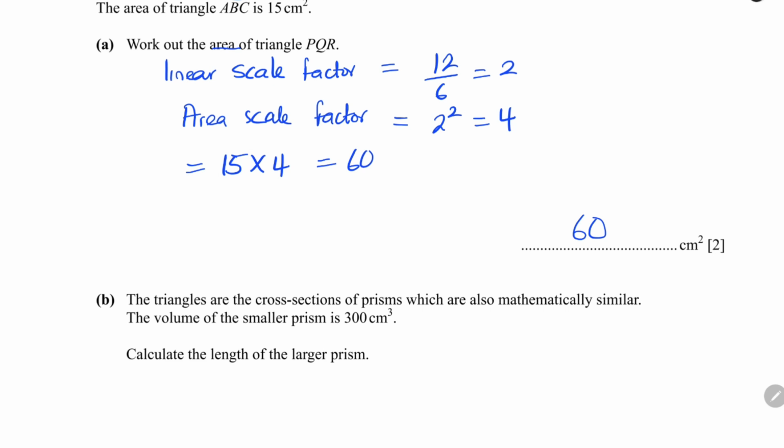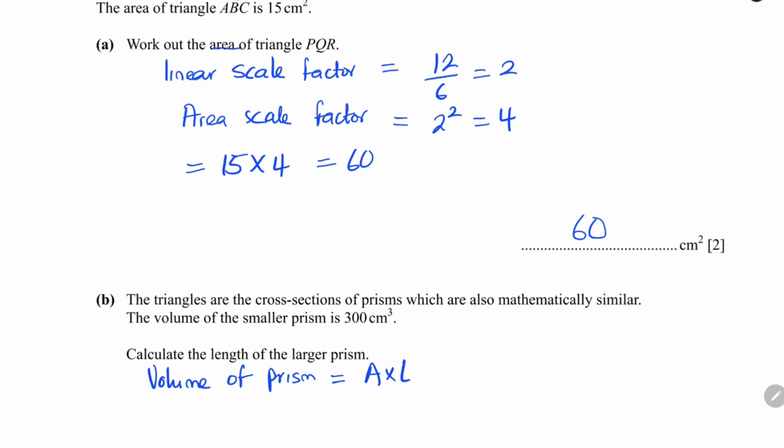We are told that the volume of the smaller prism is 300 centimeters cubed. How do we find the volume of the prism again? Volume of a prism, of any prism whatsoever, is given by area of cross-section times the height or the length, as the case might be.